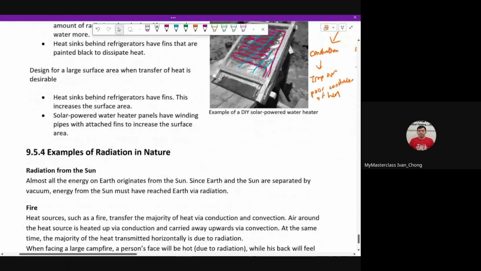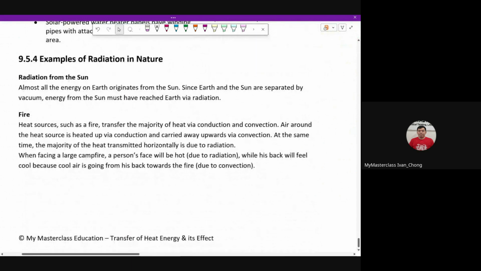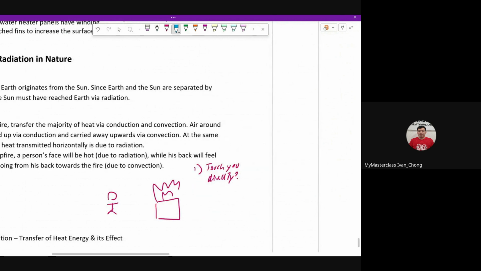Okay, so do take note about all of this. So now that we've learned about conduction, convection, and radiation itself, all we need to do sometimes is just ask ourselves, if you have a bonfire: number one, does it touch you directly? If the answer here is yes, then this is conduction.